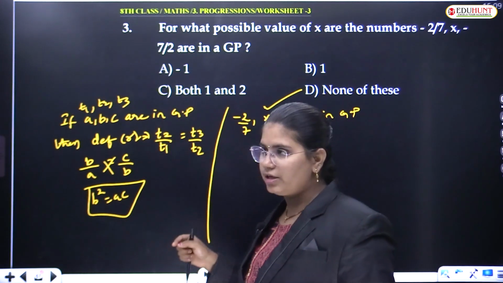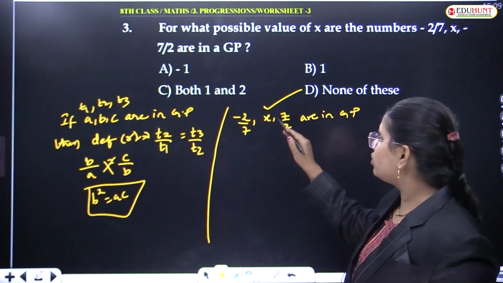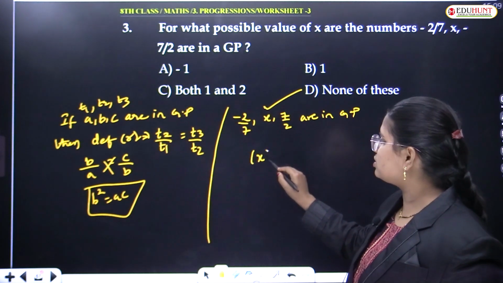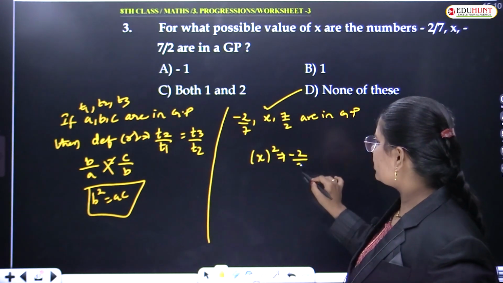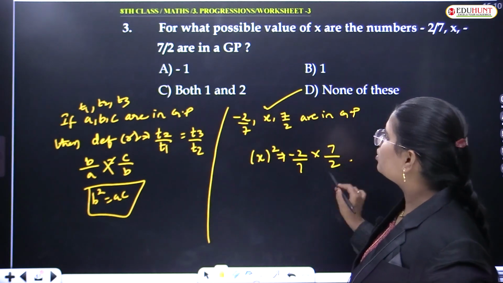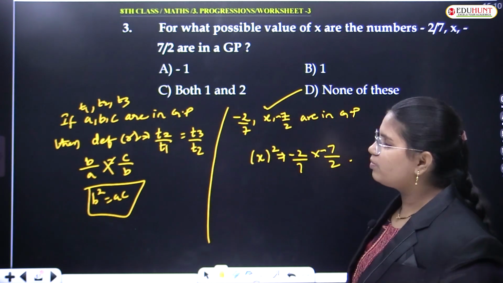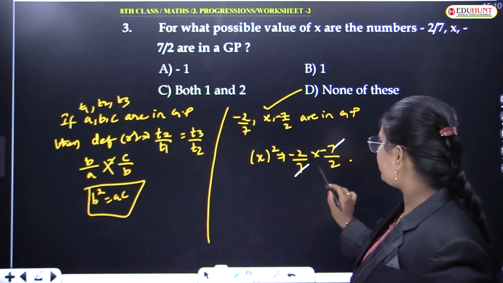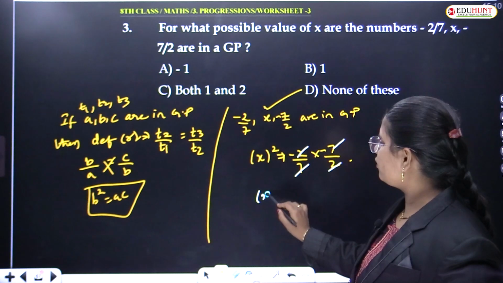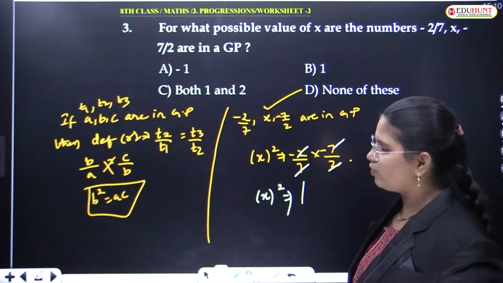B is nothing but the middle term. So as per the note point, x square is equal to A into C, which is minus 2 by 7 into minus 7 by 2. Cancel off these terms, so 7 with 7, 2 with 2. You are left with x square equal to 1.